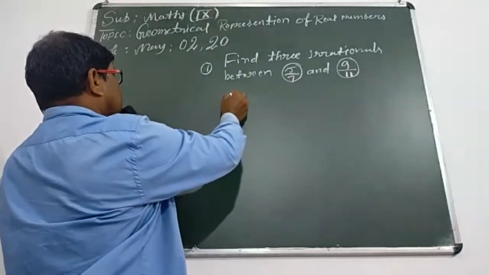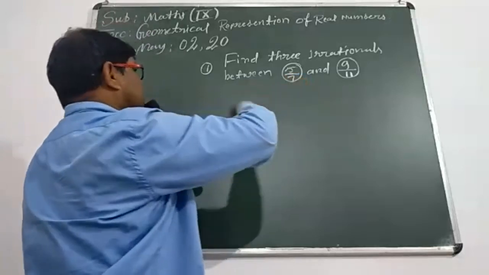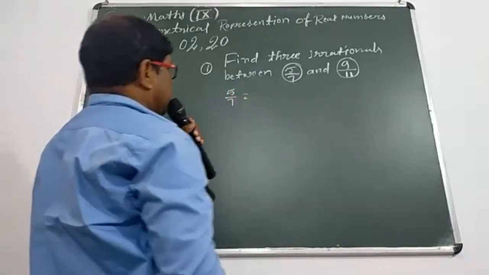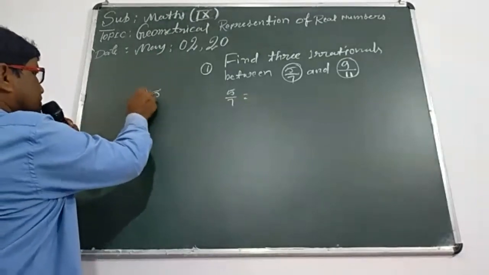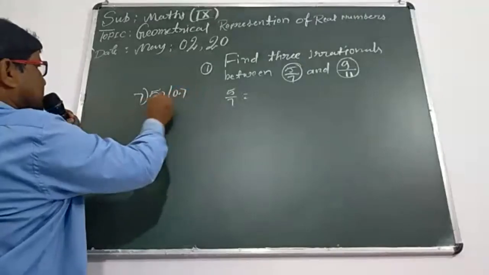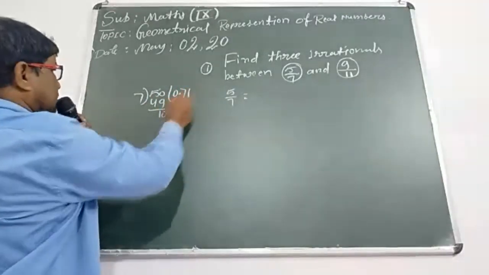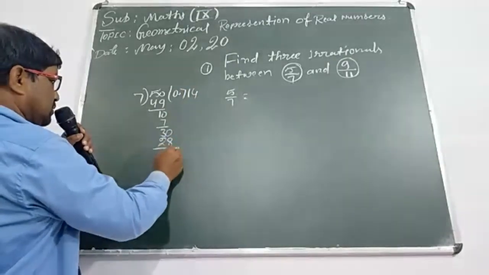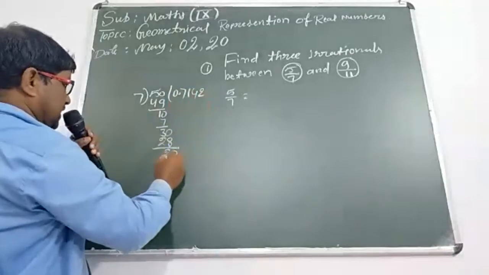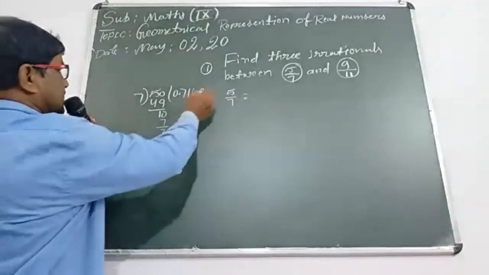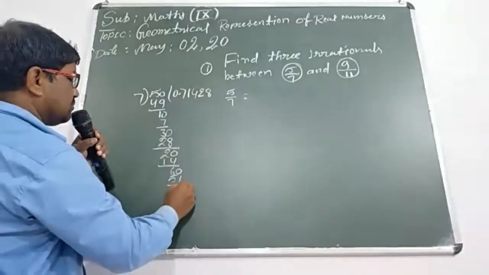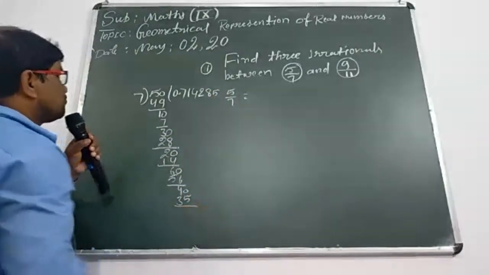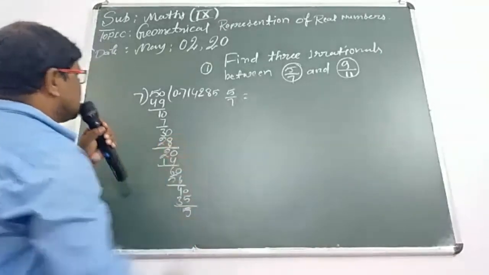So first of all, we will change these rationals into their decimal expansion. 5 upon 7 equals, we will divide 5 by 7 first. 7 7s are 49, 7 1s are 7, 7 4s are 28, 7 2s are 14, 7 8s are 56, 7 5s are 35.